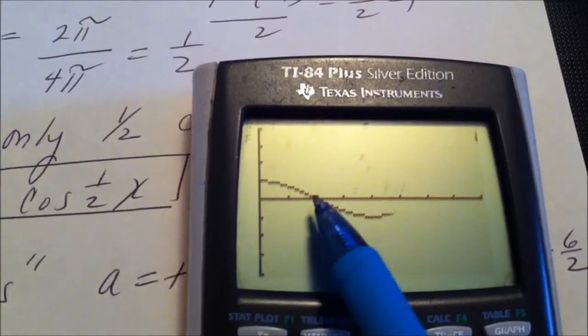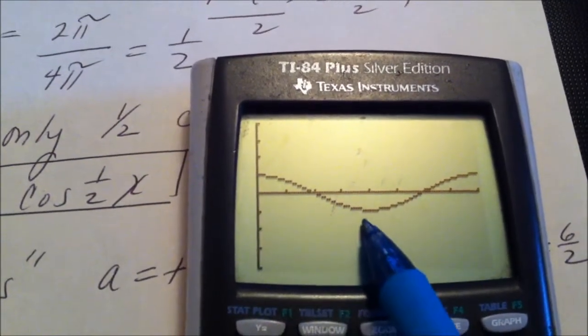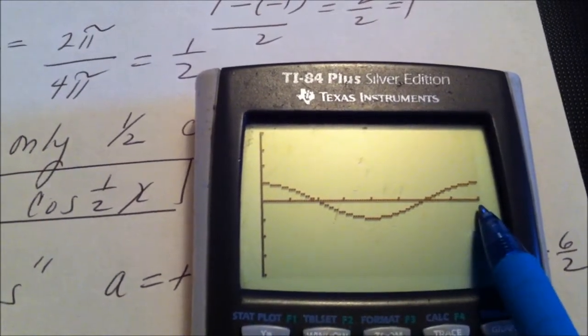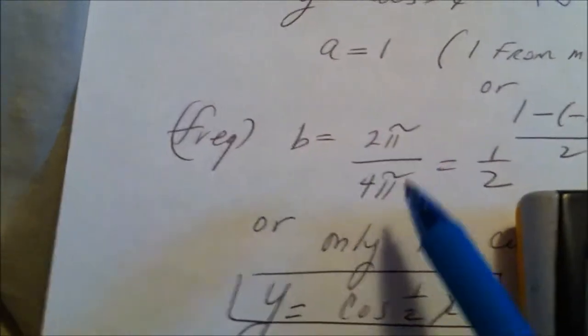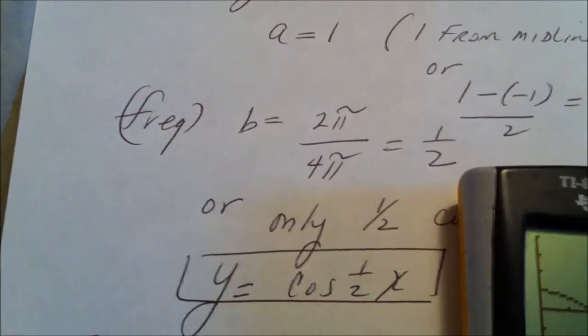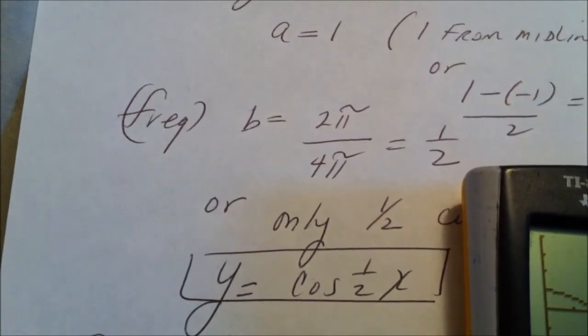Here was the picture that they showed us, and here is a full cycle, which is 4 pi. So it would be 2 pi divided by 4 pi, or 1/2. It was much better to just look at the curve, locate where 2 pi was, and say that the frequency is 1/2 by the picture.